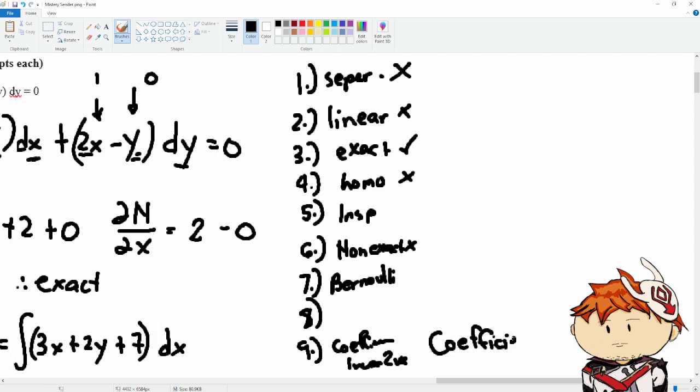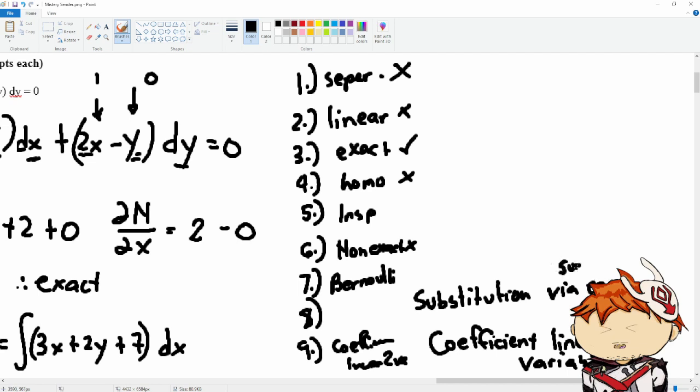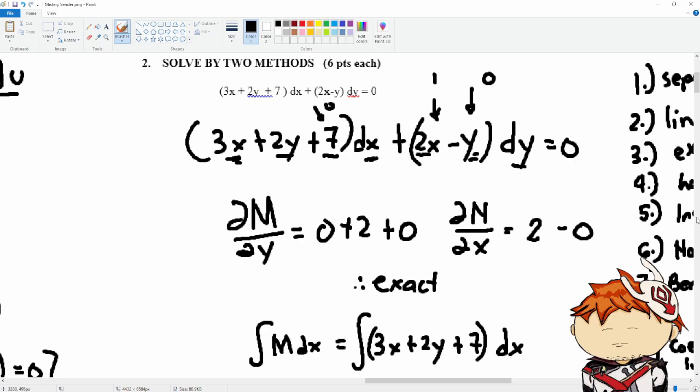Coefficient linear in 2 variables, and basically substitution via suggestion by the equation. Okay, substitution via suggestion by the equation, coefficient linear in 2 variables. Okay, for number 2.